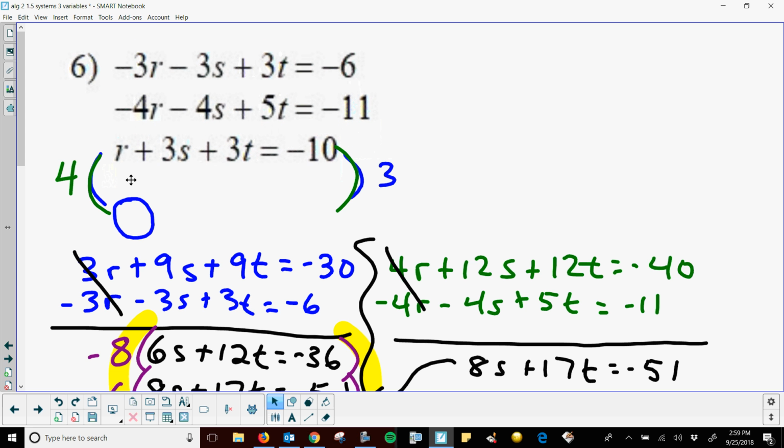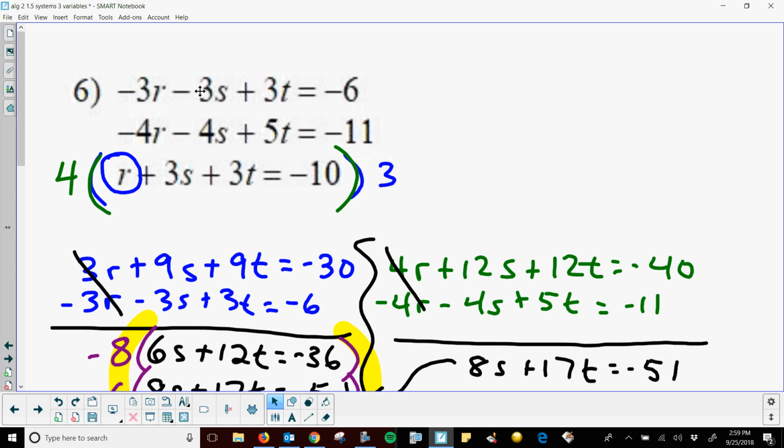I had some of my kids go like, well, look, the S's can cancel here, but can I get this to match up with that 4 super easy? And the answer was no. This R right here, getting it to match up with its other 2 was the easiest thing to do.